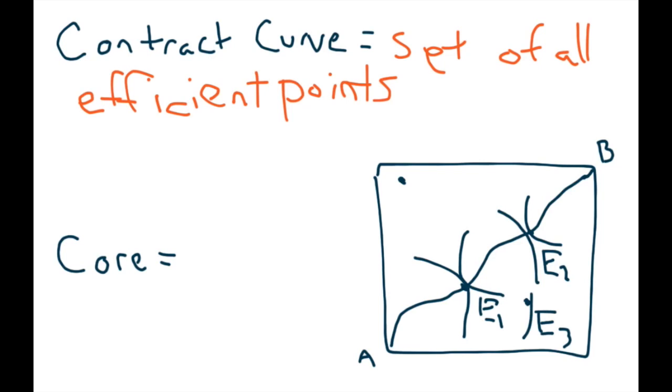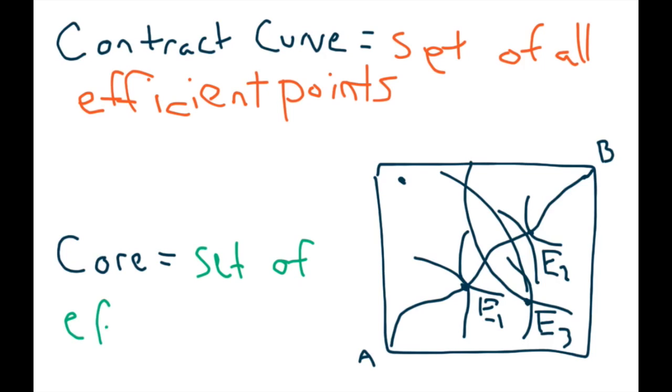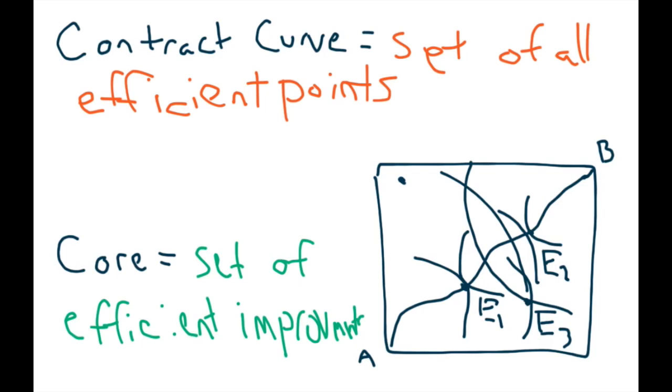And E3 is not efficient, so it's not on the contract curve. So it has a set of improvements over it, has that almond-shaped area. The core is a set of efficient improvements. So they're points that are on the contract curve and are Pareto improvements on the point. So the core has to be defined with reference to some starting point like E3.